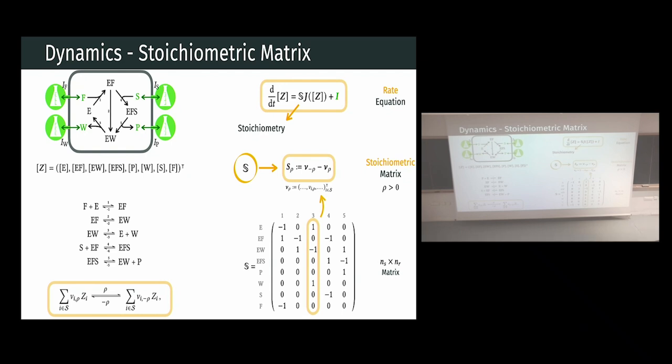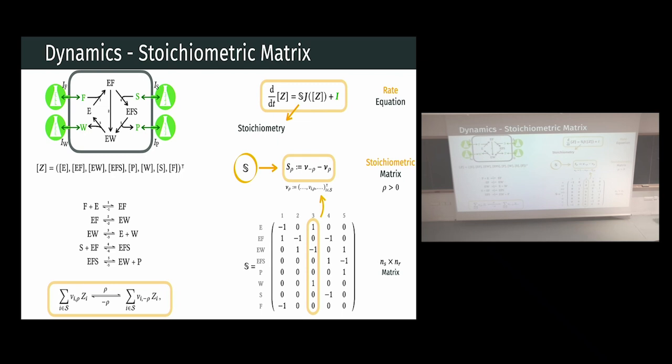Again, it doesn't have to be +1 or -1. Because if you have something like, do you see here? 2A into B, you're going to get -2 for A plus 1 for B. So imagine you have one reaction.